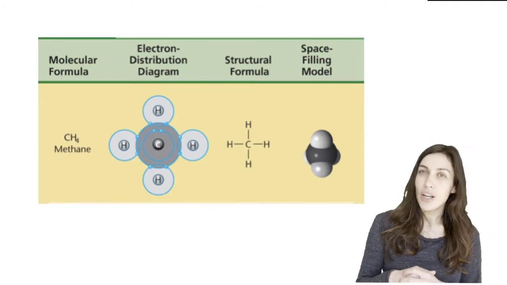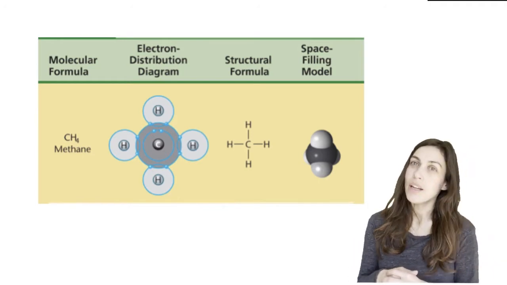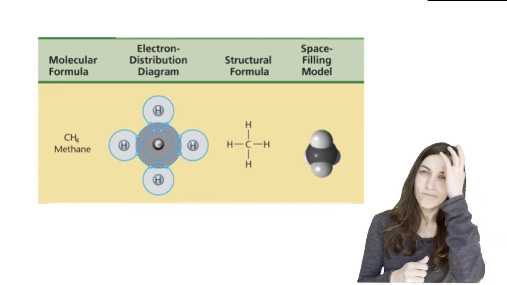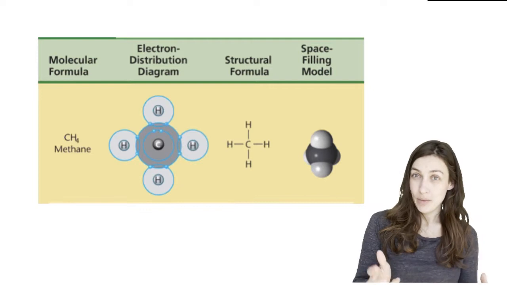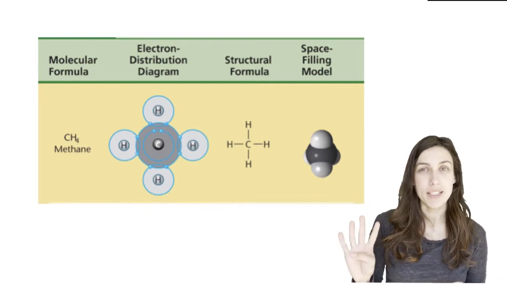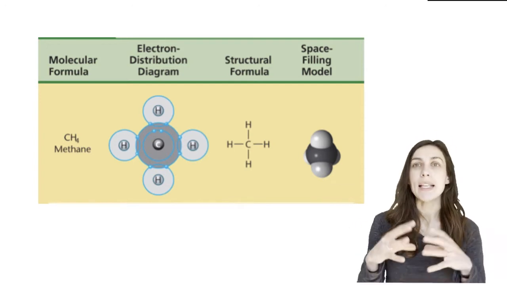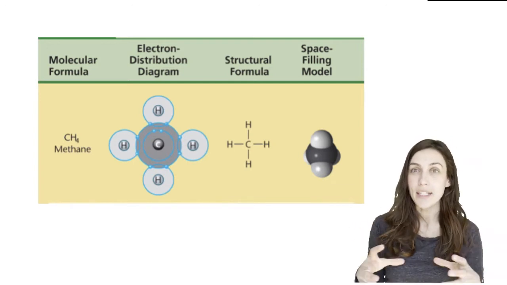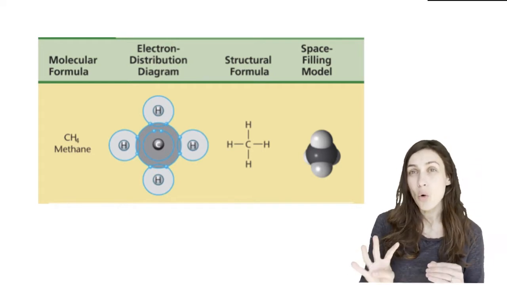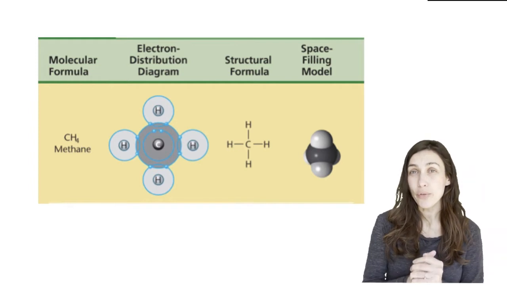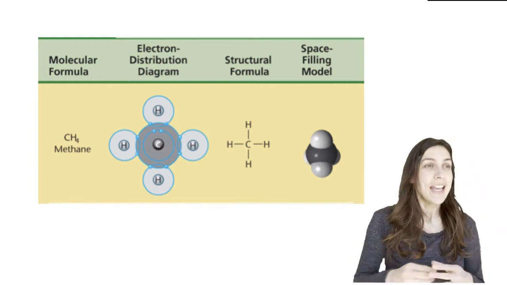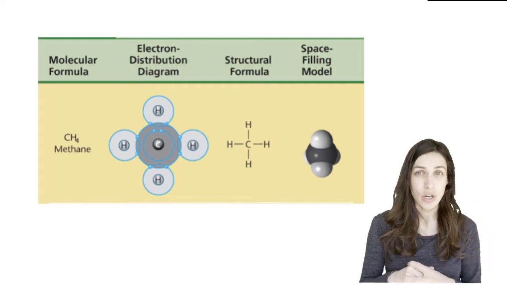However, let's think of carbon. How many valence electrons does carbon have? Maybe some of you answered this. Carbon has 4 valence electrons. So in its outermost shell, or valence electron shell, carbon has 4 electrons, and therefore, in order to complete its valence shell, it needs 4 more electrons.